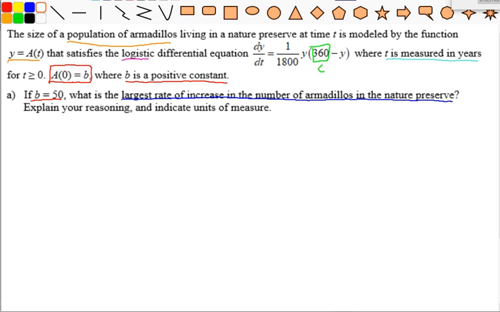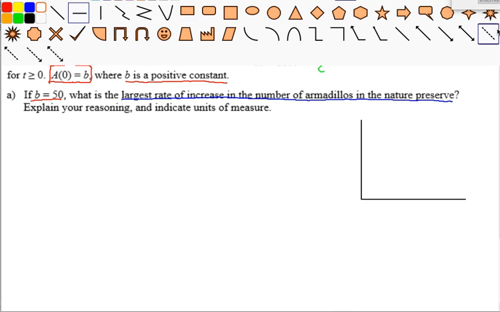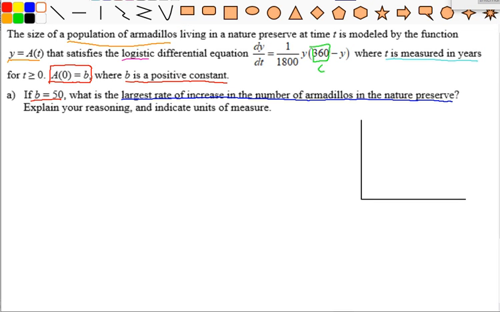So let's draw a graph first of our logistic growth problem here. Again, we'll put our carrying capacity in, which is where we have the horizontal asymptote. In this case, it's 360.